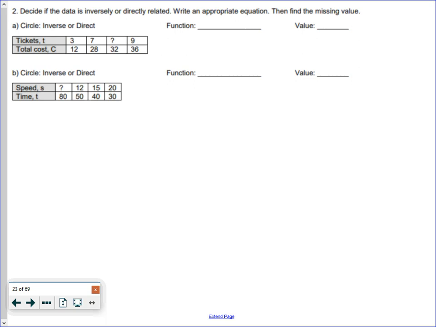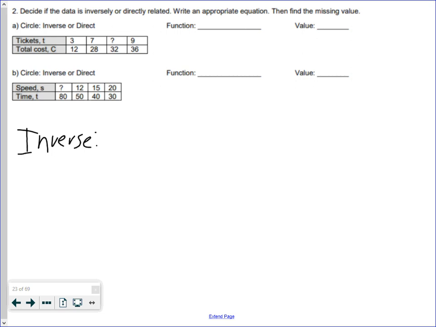Number 2. We're going to decide if the data is inversely or directly related, and we're going to write an appropriate equation for each. Then we're going to find a missing value. So remember, for an inverse function, that means I can multiply each value to get the same term.